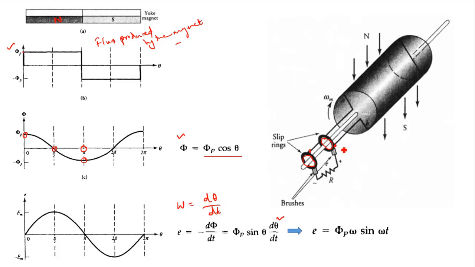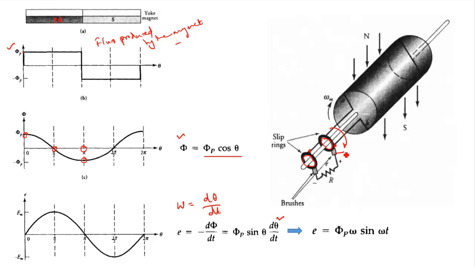Now the question is how to collect the voltage. If we put brushes here, pressed by a spring, fixed outside, the brushes will move on the slip ring as the rotor rotates, and remain in contact with it.